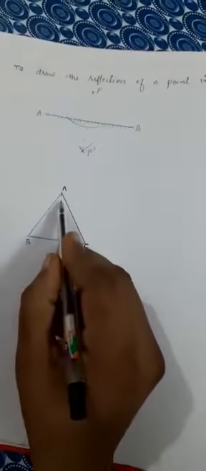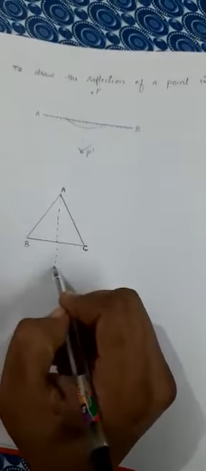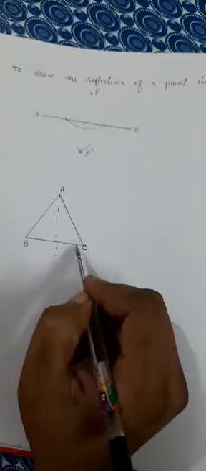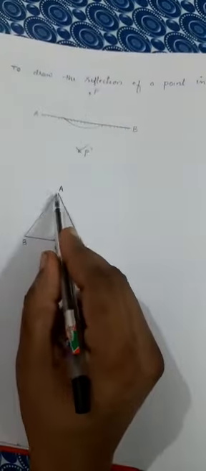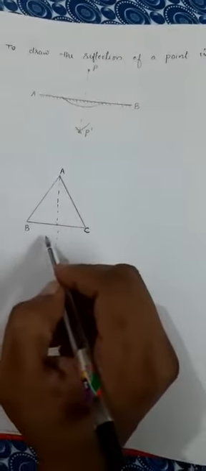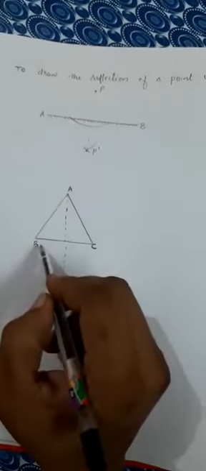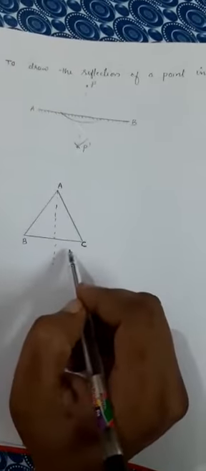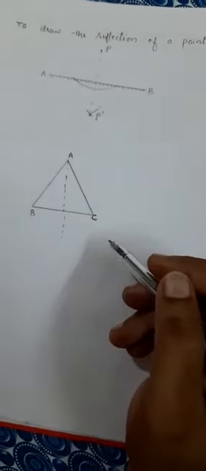When you fold along this line of reflection, the side AC coincides with the side AB. Therefore, we can say that the line of reflection of this figure is the perpendicular bisector of the side BC. Likewise, we can draw the line of reflection of some given figures also.